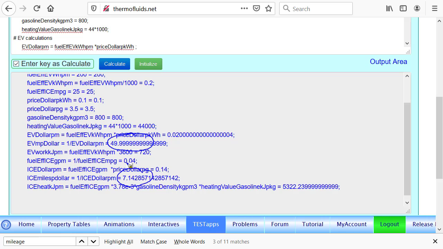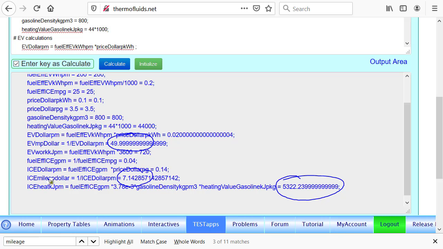The other variable, like how much heat in kilojoule per mile is required, is how many kilojoules are needed for the ICE calculation. Similarly, in the EV calculation, we also figured out how much electricity is needed per mile.